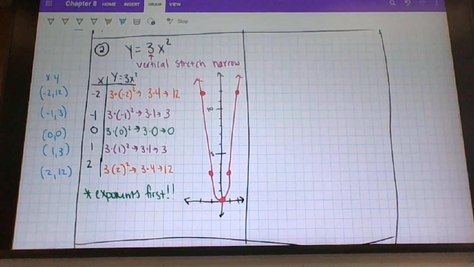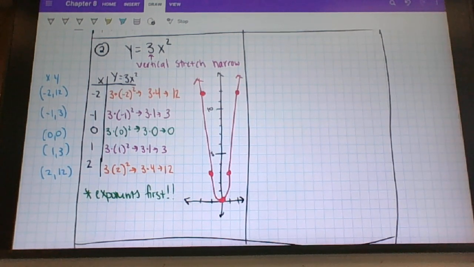So compared to just y equals x squared, everything is compared to this. So I'm comparing it to this one.